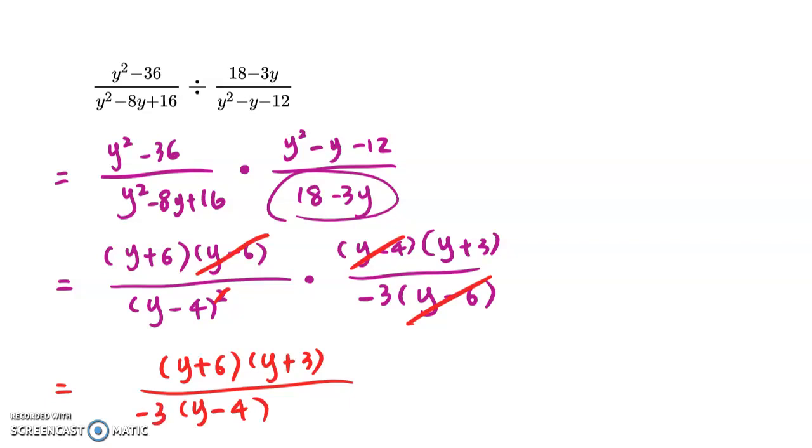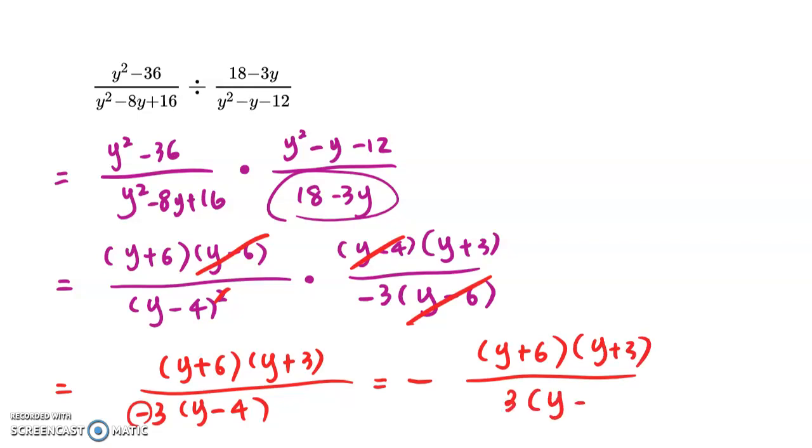So this negative sign in front of the 3, I would like to move it in front of the whole rational expression. So on top you have y plus 6 times y plus 3, and at the bottom is 3 times y minus 4.